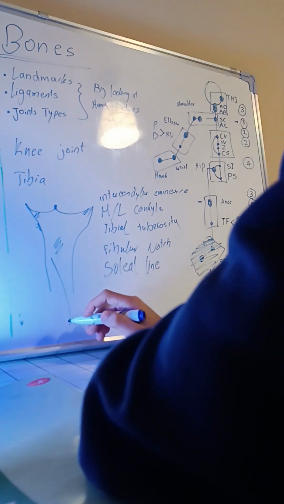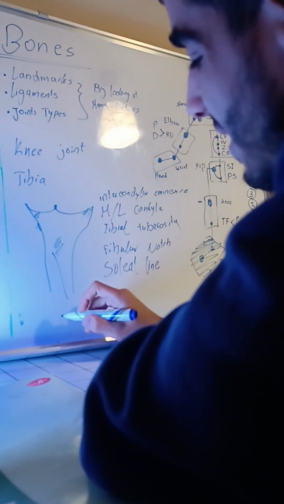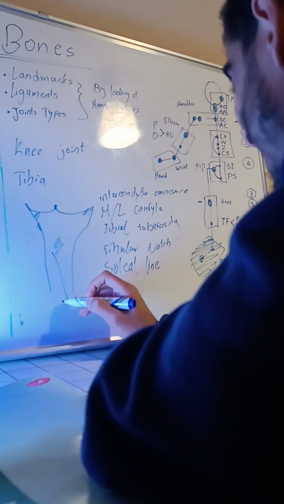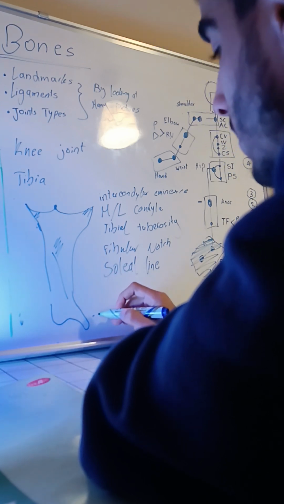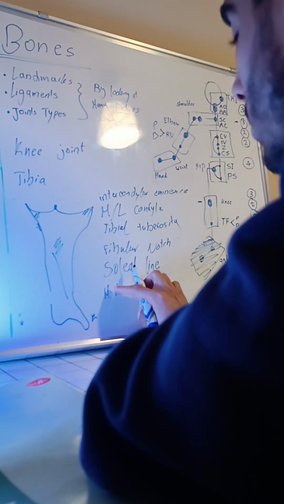And lastly, in the Soleil line, and also distally, we can have this. This is called the medial malleolus.